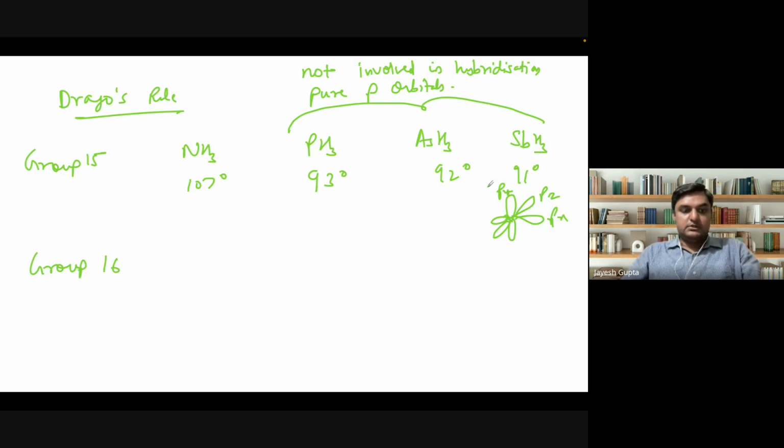Okay. So if I tell in the form of orbital, nitrogen, you know it is atomic number 7. So 1s2, 2s2, 2p3.